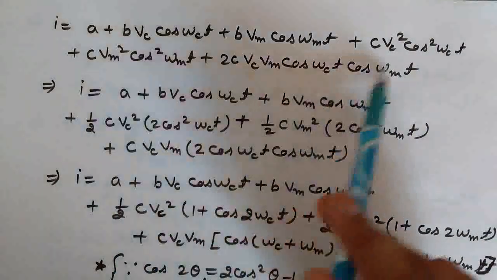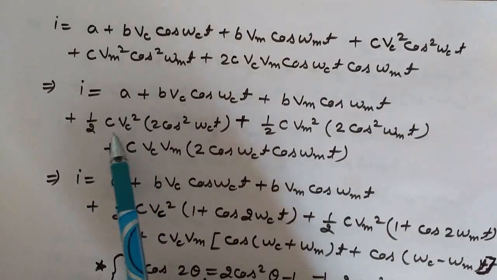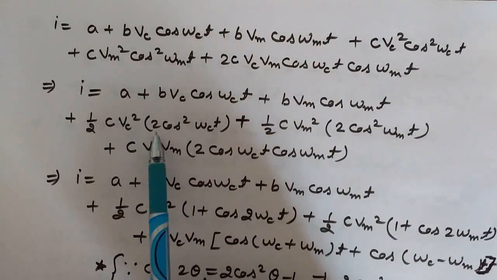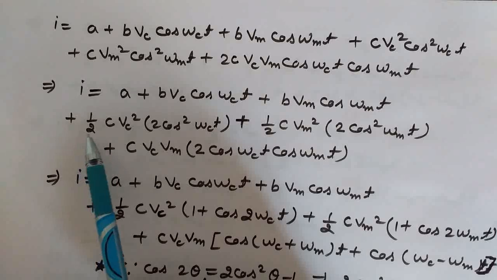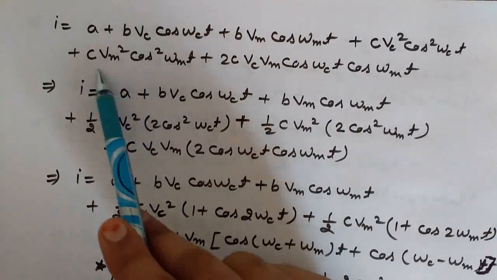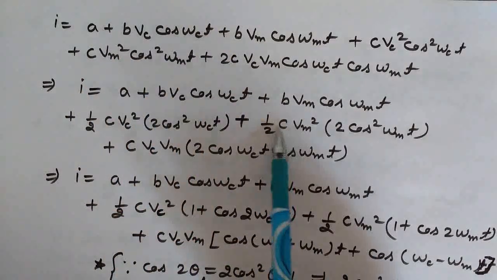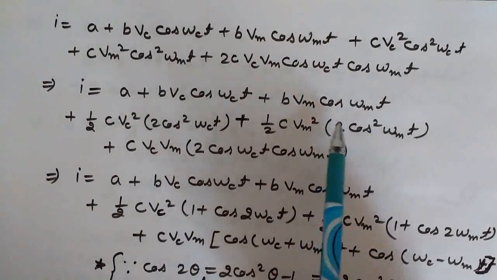What we have done in this expression, C Vc square cos square omega ct, is multiply it by 2 and divide it by 2, just to arrange it in this format. The same way we have done with this term: multiplied by 2 and divided by 2. So no change, and I will tell you why we have done it.